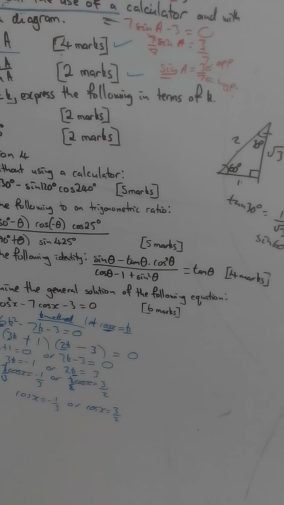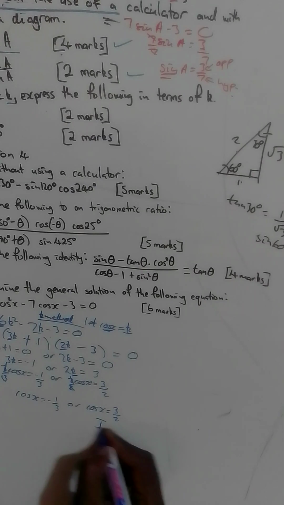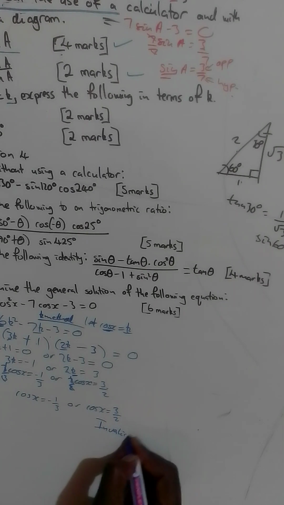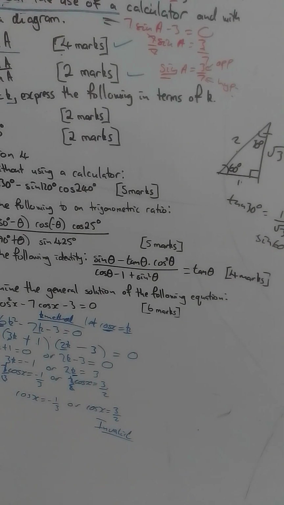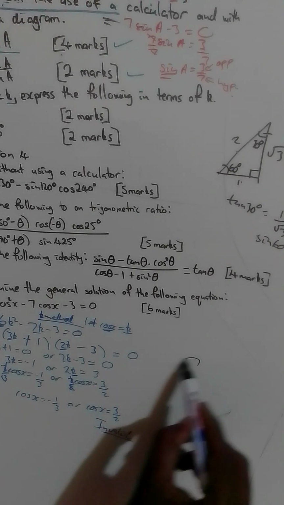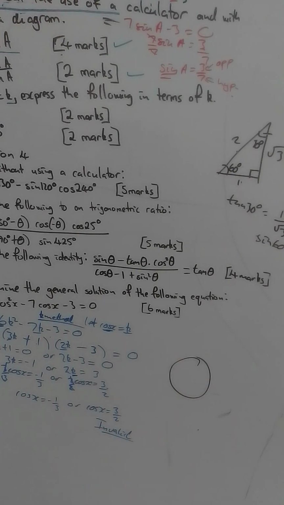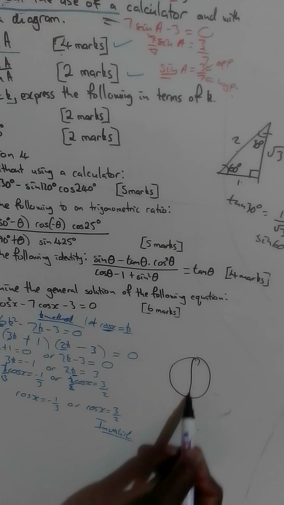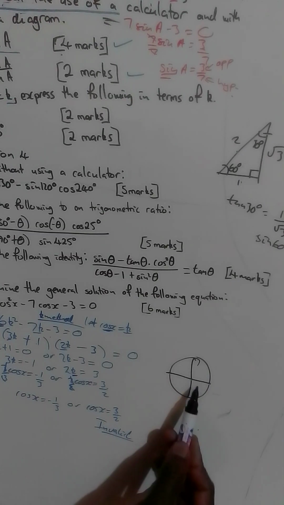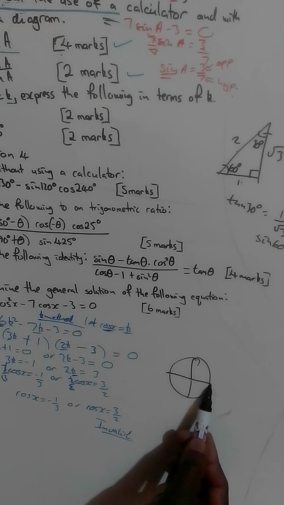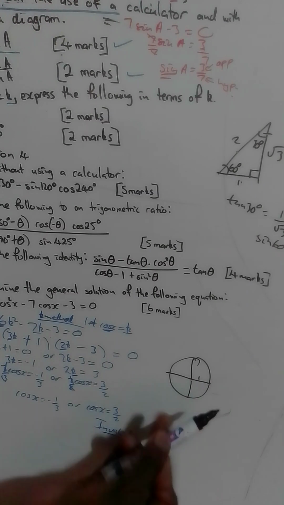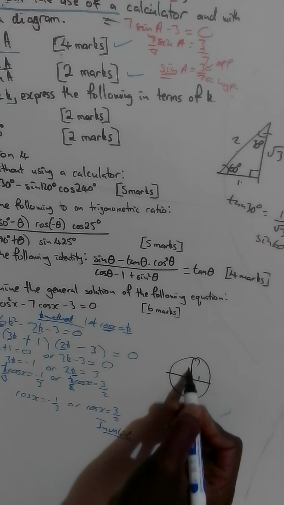Before I even proceed with this one, I write that this is invalid. Why am I writing that this is invalid? Remember what you were taught in grade 10, and I said it earlier on in this lesson. I said your Cartesian plane is found inside a circle. And once it's found inside this circle, from your point of origin to the circumference, this radius, it is 1. From here to there, it is also 1.